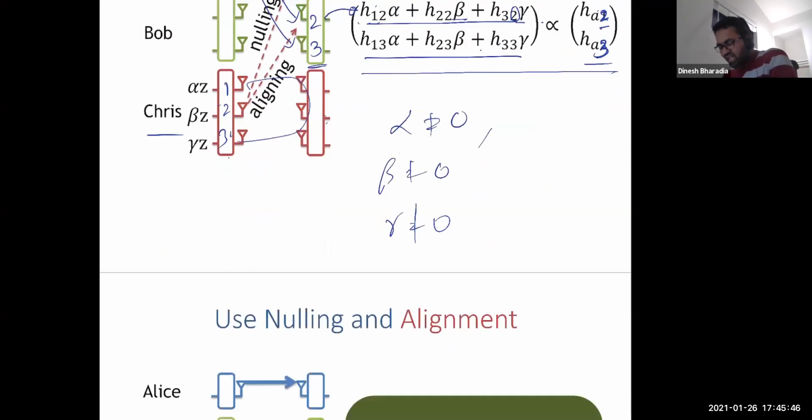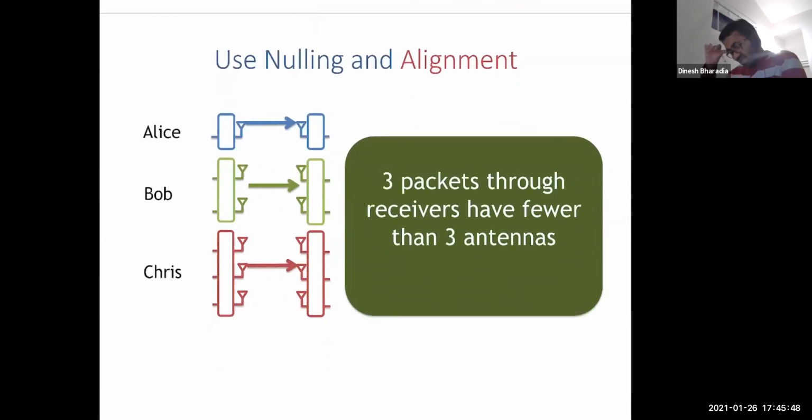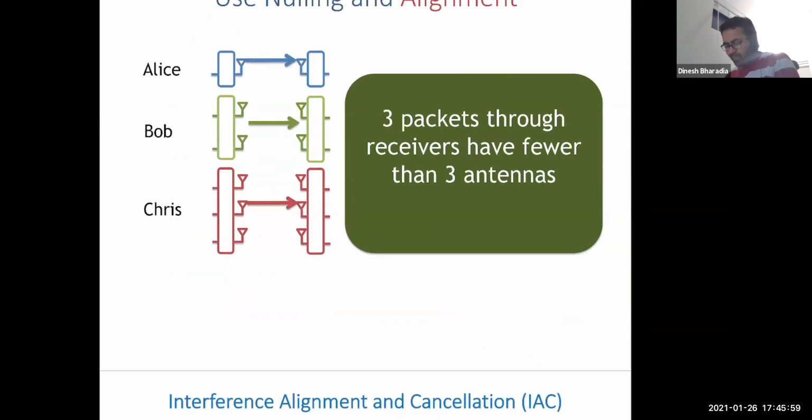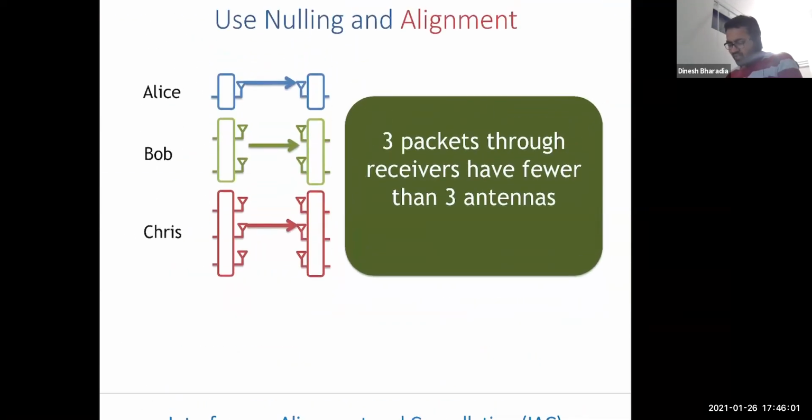So let me give you an example where it actually can be used. Basically the point is you can have three concurrent transmissions going on, right? And some of them don't even have that many antennas.